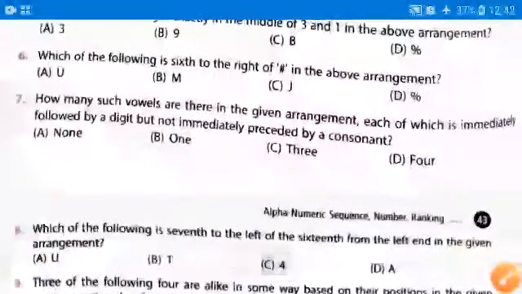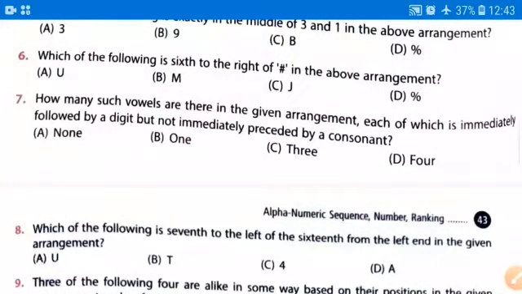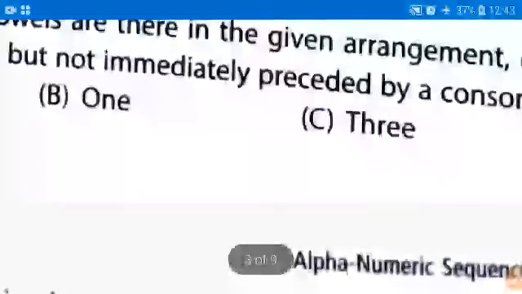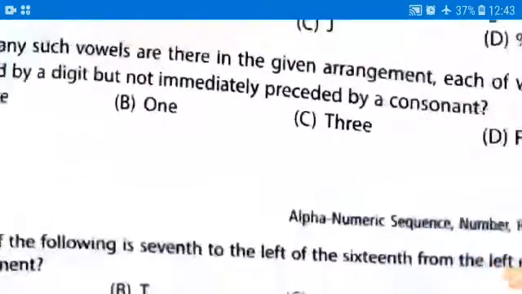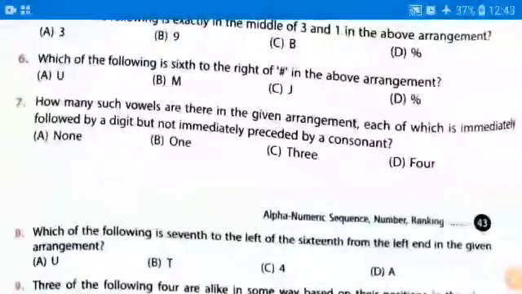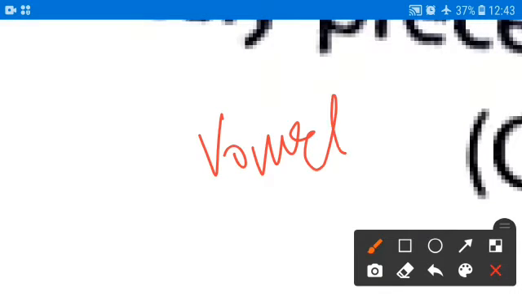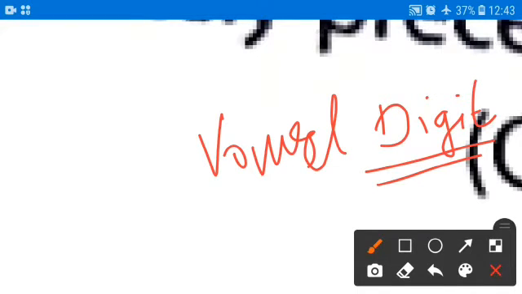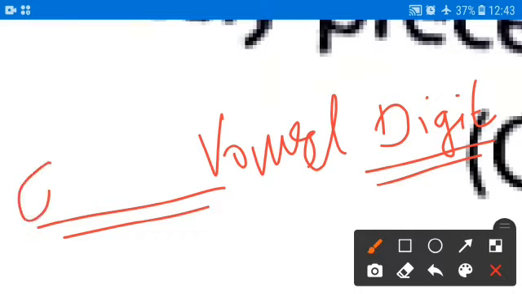Now moving further to question number 7. How many such vowels are there in the given arrangement, each of which is immediately followed by a digit but not immediately preceded by a consonant? So the condition is that we have to find the vowels which are followed, to the right, by a digit, and to the left no consonant should be there.